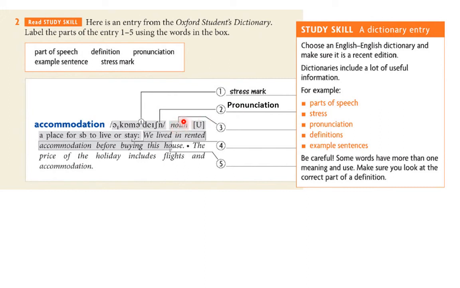Here is written as noun. Noun is the part of speech, because accommodation is a noun, not a verb. We have a place for somebody to live or stay. It is the definition. And finally we have the example sentence.